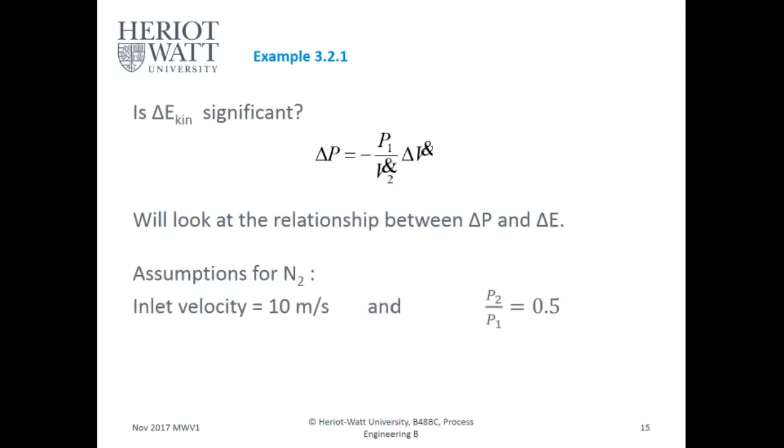If the inlet velocity is 10 meters per second, and we know P2 over P1 equals 0.5, so the expansion is multiplied by 2. Calculate the change in enthalpy, change in temperature for nitrogen, and is the change in kinetic energy negligible?